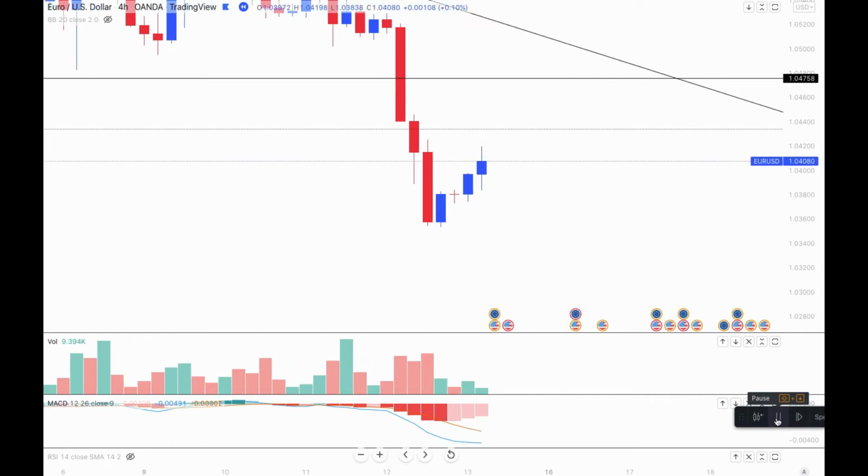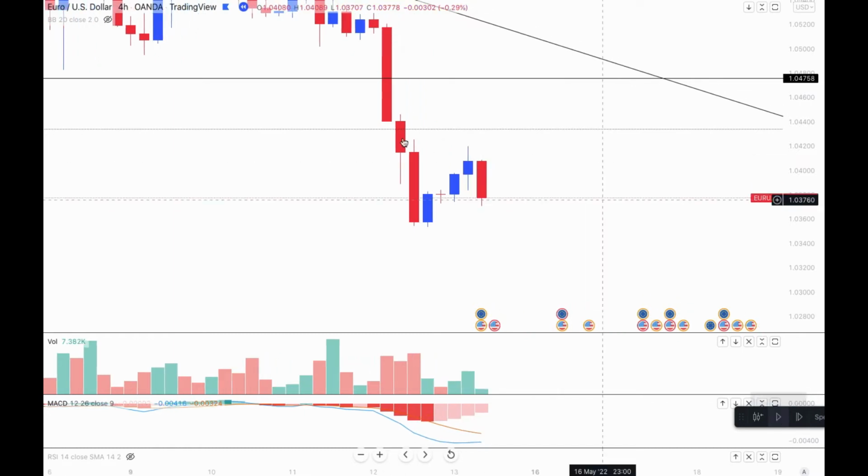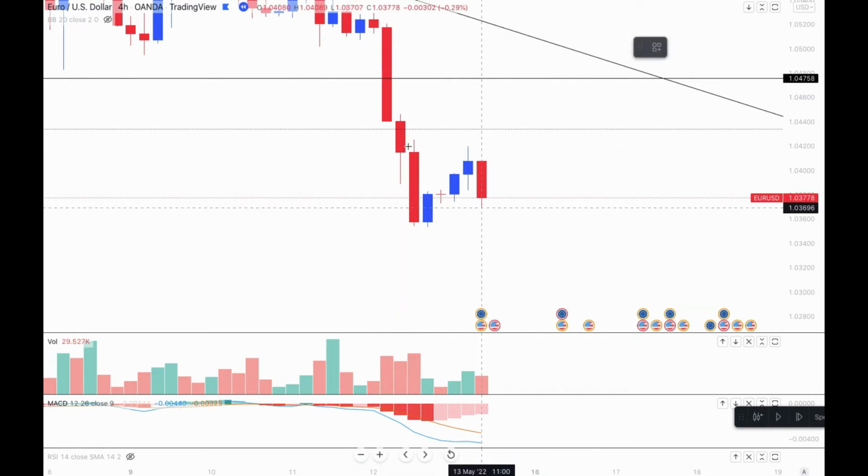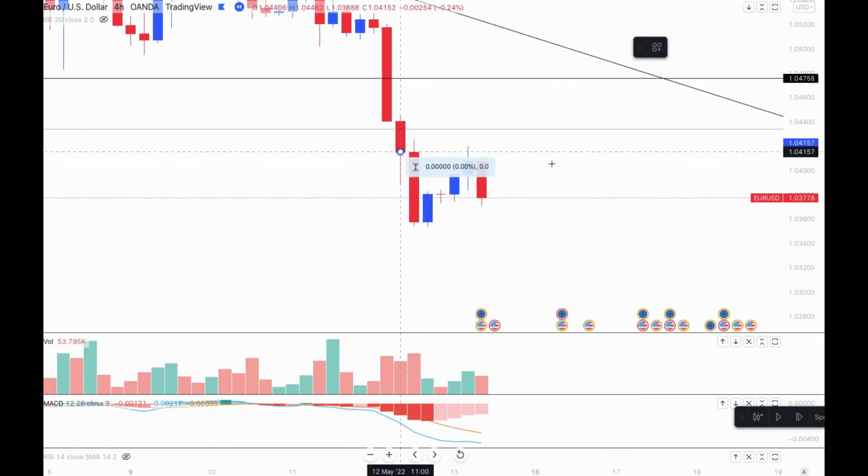Okay. So far what I'm noticing, let's pause that, is that we have a resistance up here. Why do we have a resistance up here? That's because price came down to this exact zone.